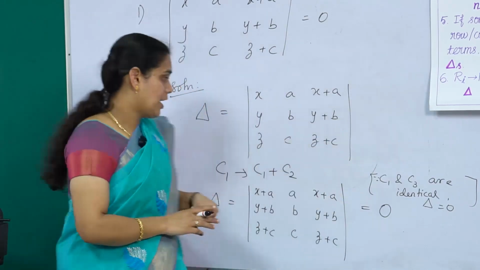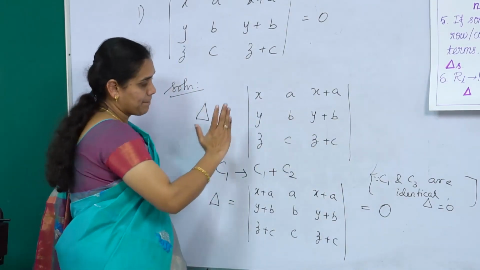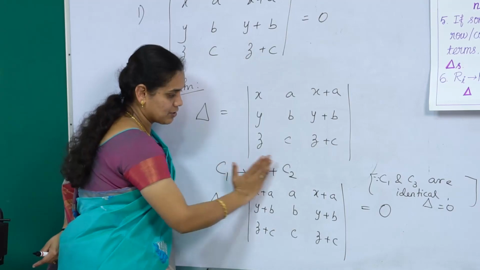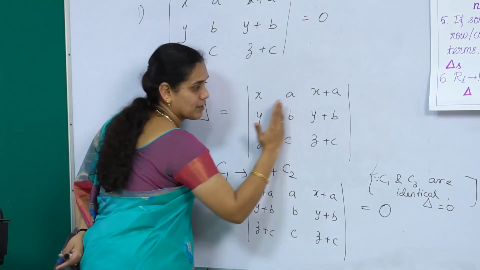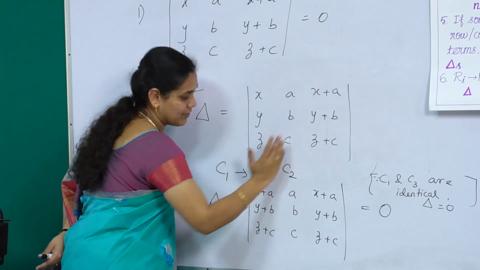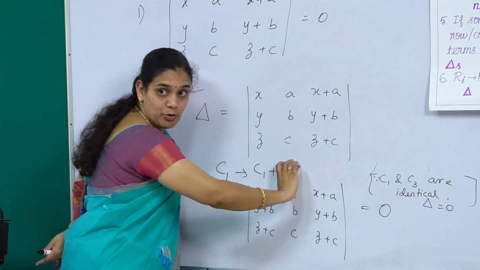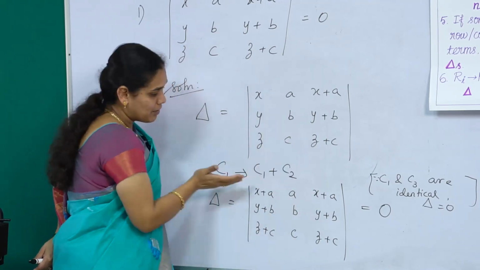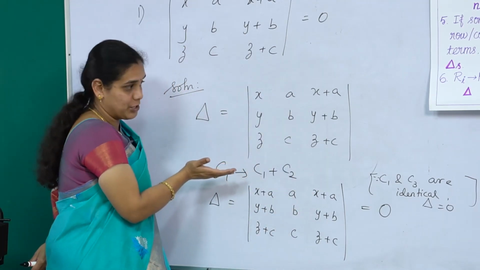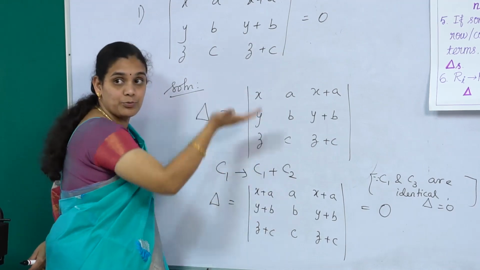that is very important. And you have to see, when we use these column transformations, we move along like this. We add the elements like this. When we use the column operations, we move from left to right. But when you use the row operation, we move top to bottom.